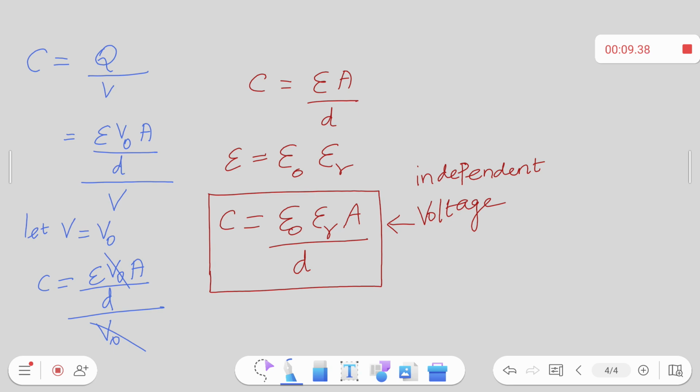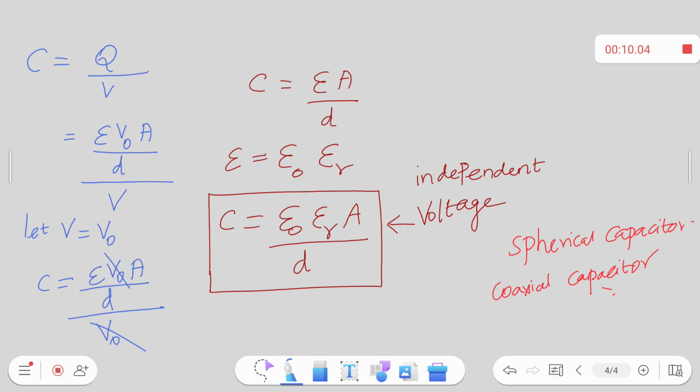Likewise, you can also derive for a spherical capacitor. The other one is the coaxial capacitor. You can derive the capacitance of spherical and coaxial capacitors using the Laplace equation.